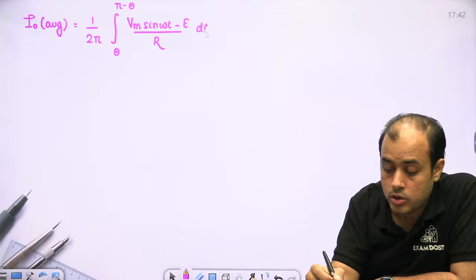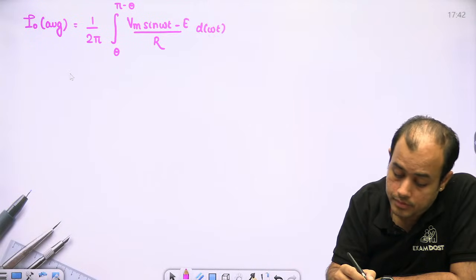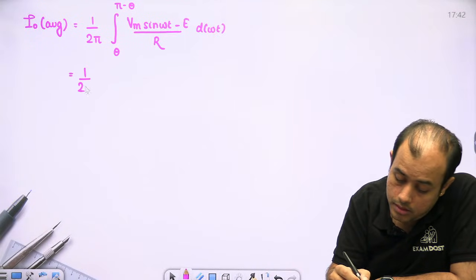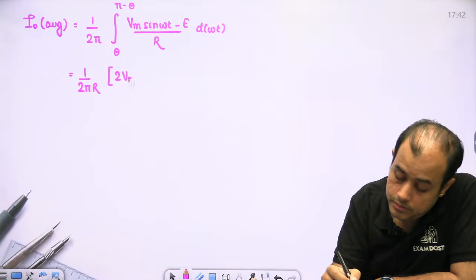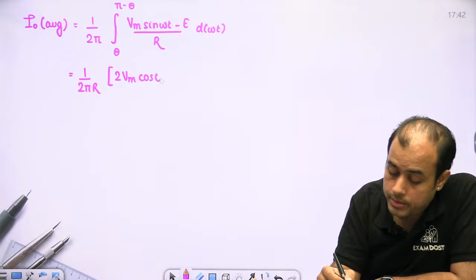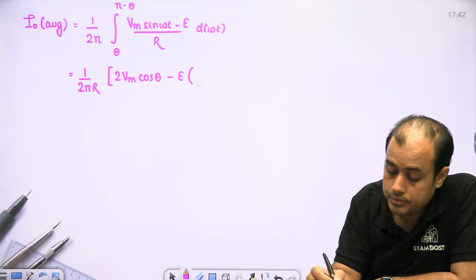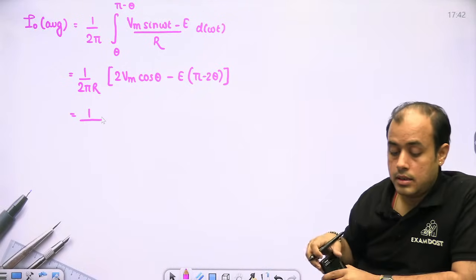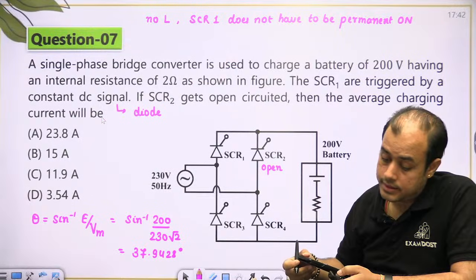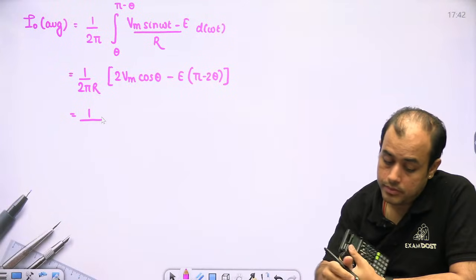So only one group can conduct. Two Vm cos theta. Now what is the resistance? Resistance is how much? 2 ohm.